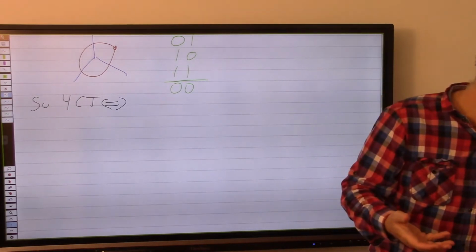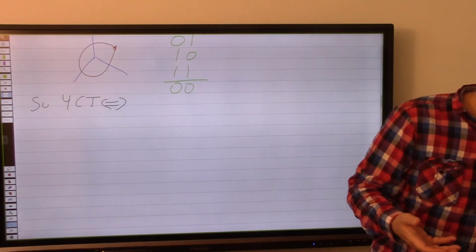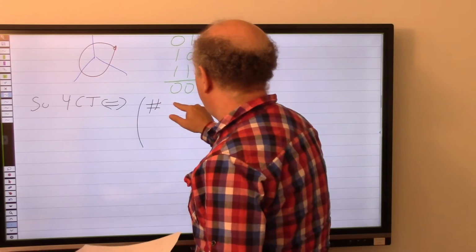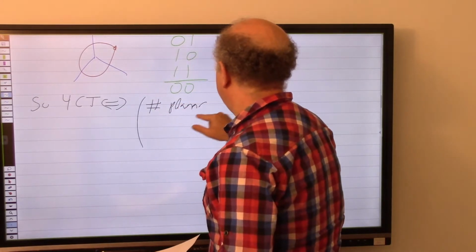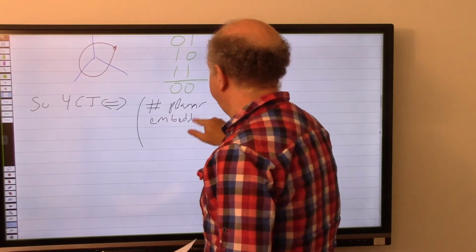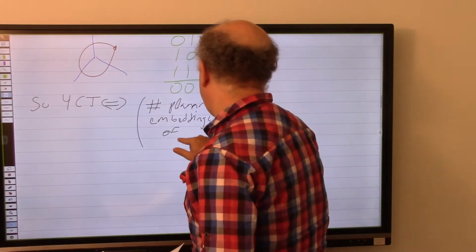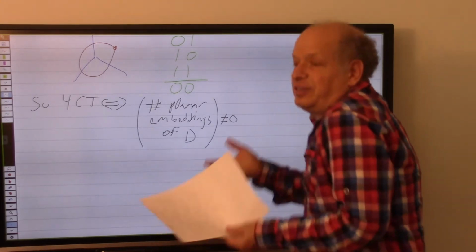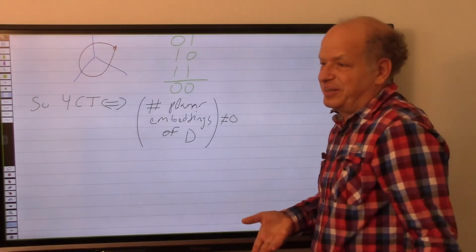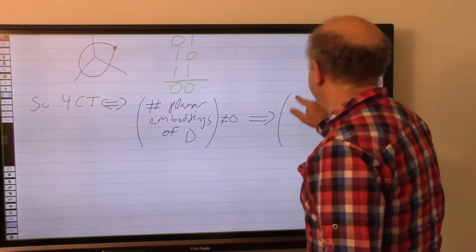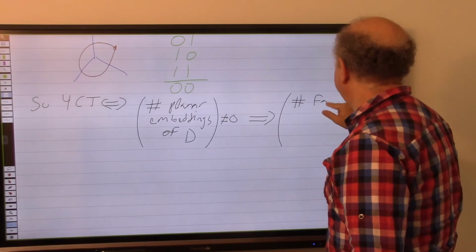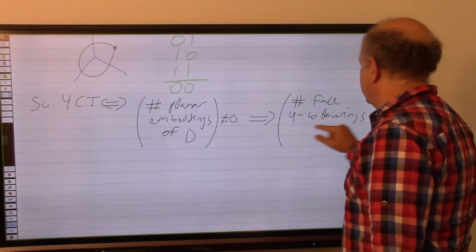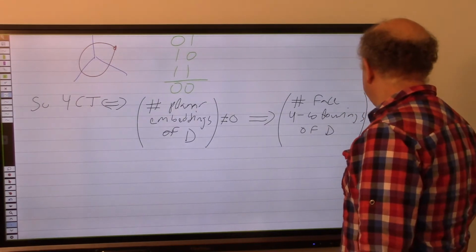So a different way to say it is that if you have a diagram D, if the number of planar embeddings of the diagram D is not equal to 0, meaning it is a planar diagram, then the number of face 4 colorings of D is not equal to 0.